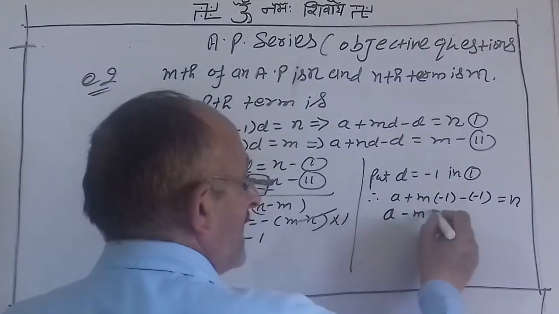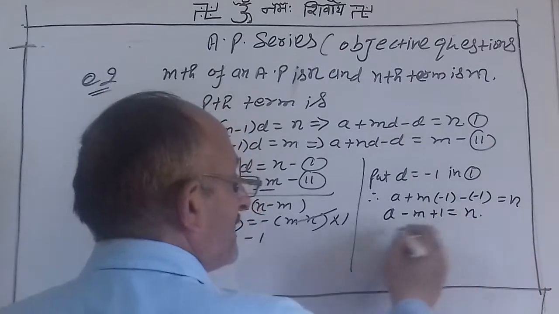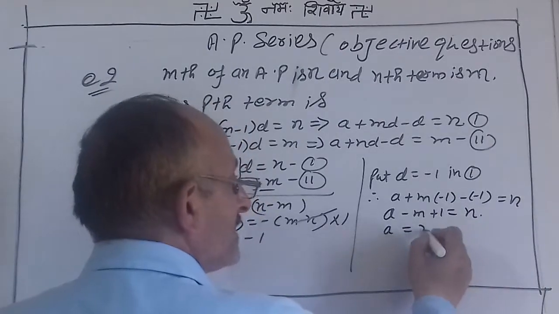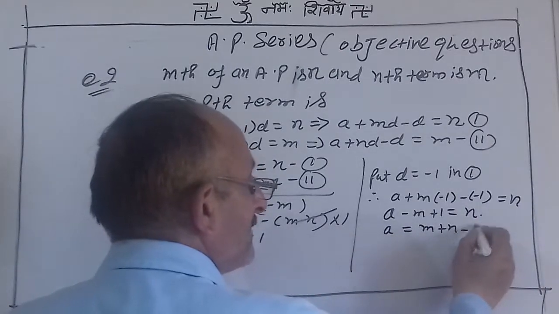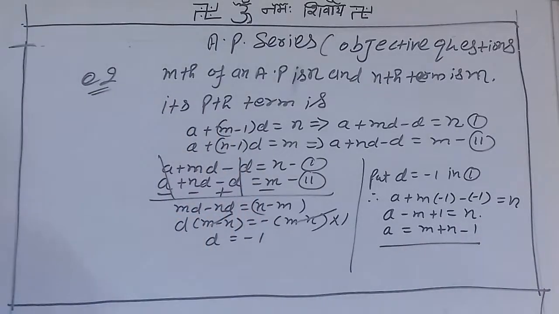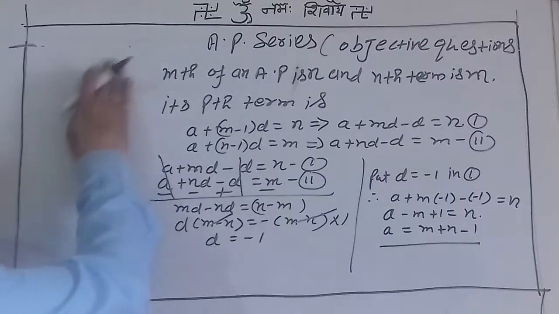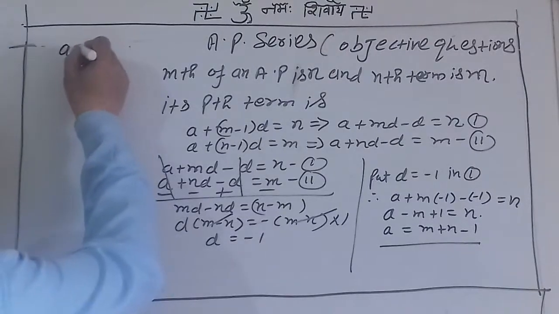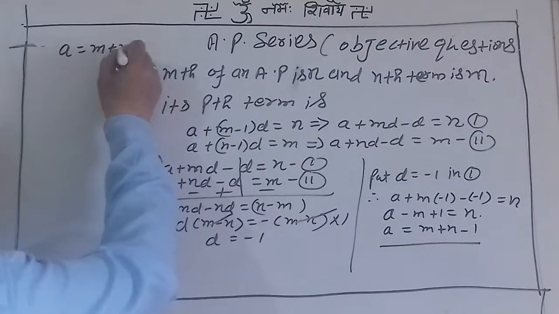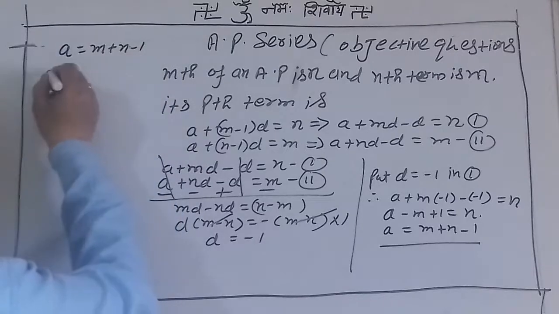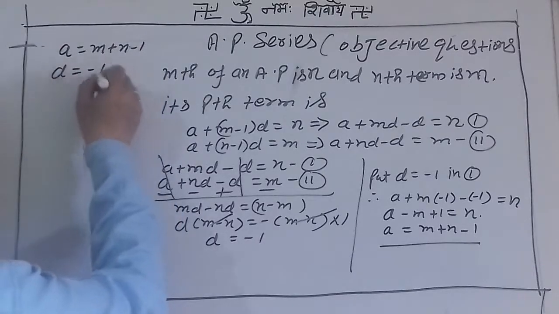A minus m plus 1 is equal to n, or a is equal to m plus n minus 1. That is the value of a. The value of a is equal to m plus n minus 1 and d is equal to minus 1.